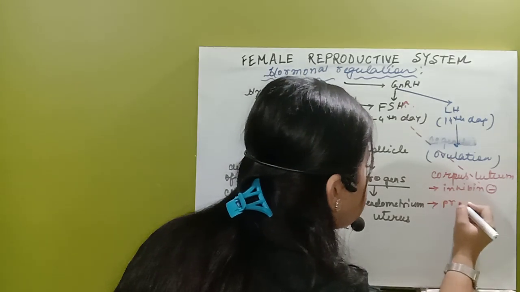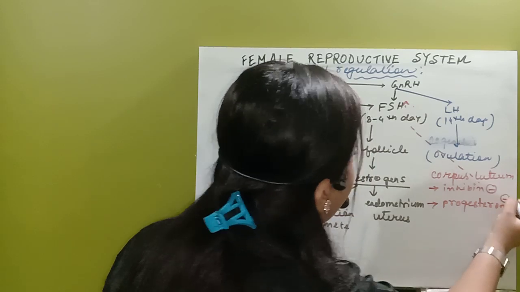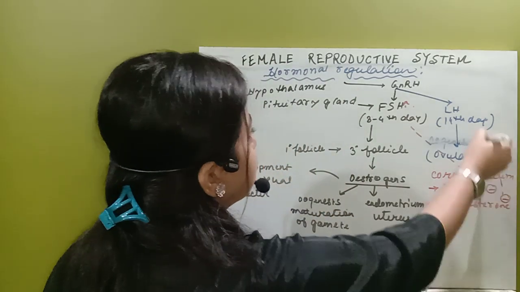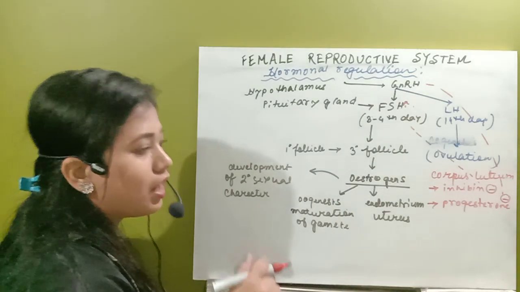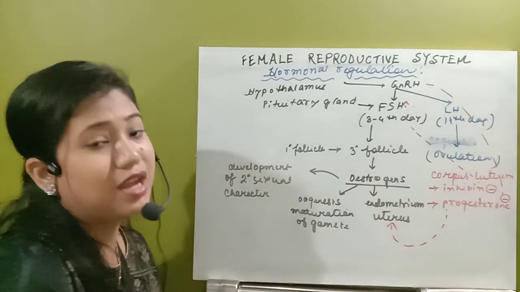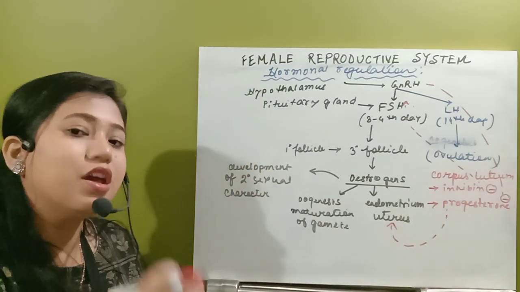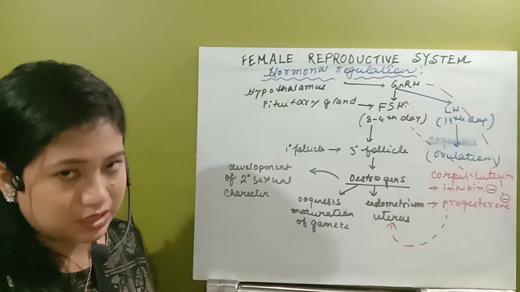Next one, the progesterone hormone. Progesterone actually has two functions. One is negative feedback to the GnRH, so that it is not released from the hypothalamus. Along with that, this progesterone hormone also helps this endometrium to be retained inside the uterus for the process of implantation.